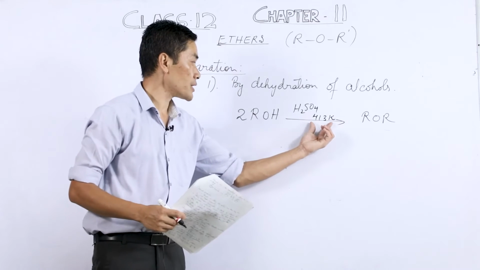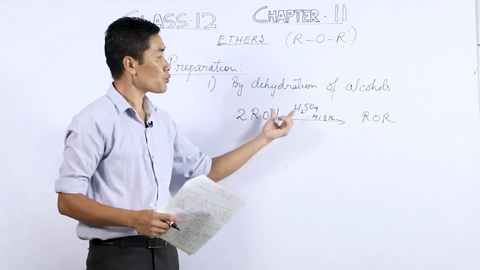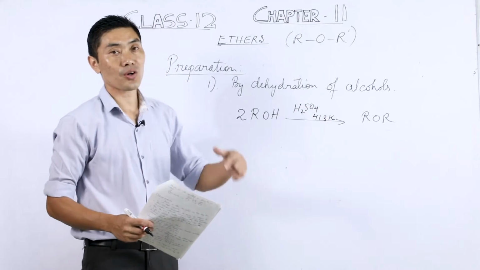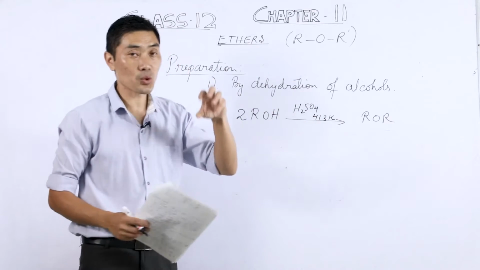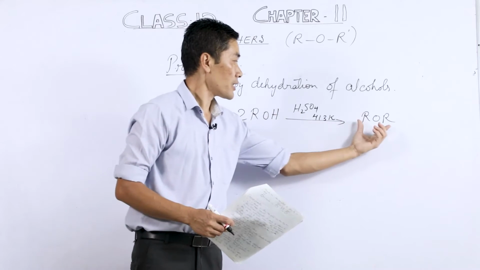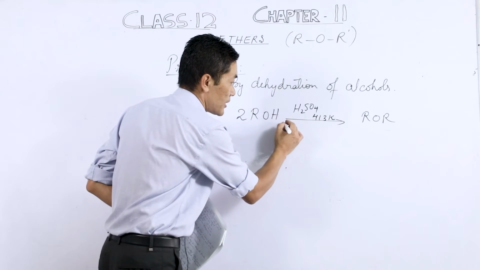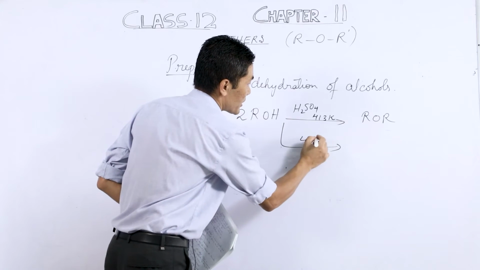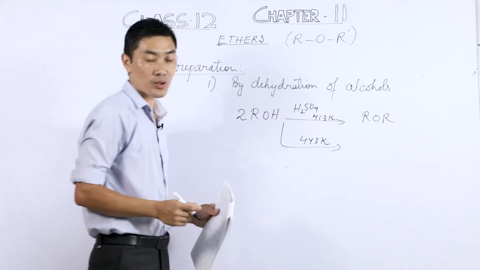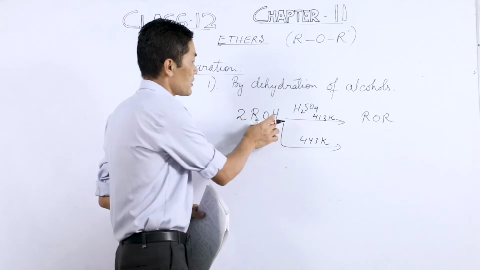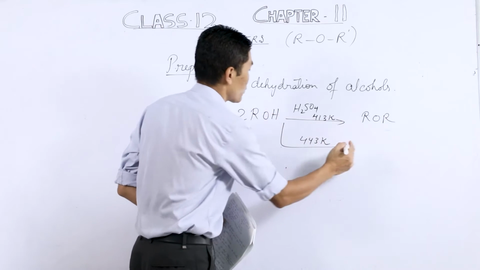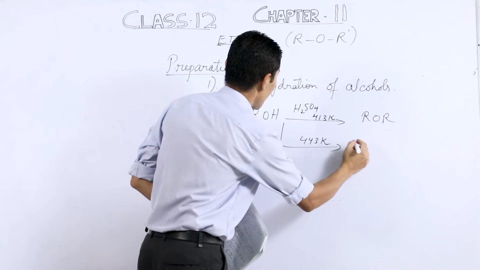So at this temperature, if the alcohols are treated with sulfuric acid or phosphoric acid, we get ethers. Now if the temperature is elevated to around 443 Kelvin, then this alcohol on dehydration will give an alkene.